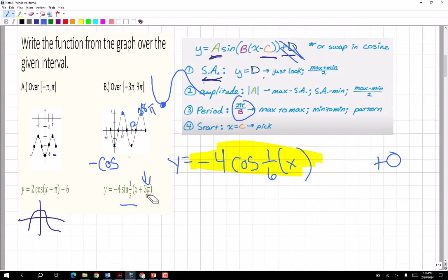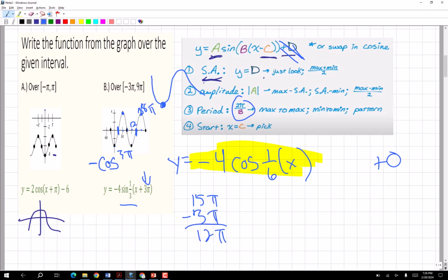First we've got to figure out what the period is. Again, the period is going from here, going up, to here going up. So this is 3 pi, 6 pi, 9 pi, 12 pi, 15 pi. 15 pi minus 3 pi is 12 pi.